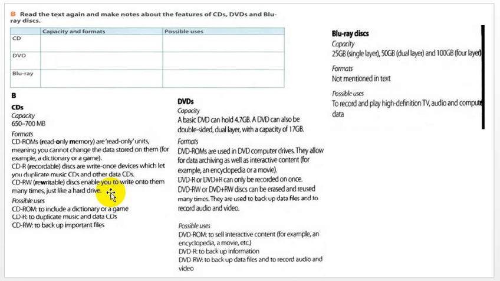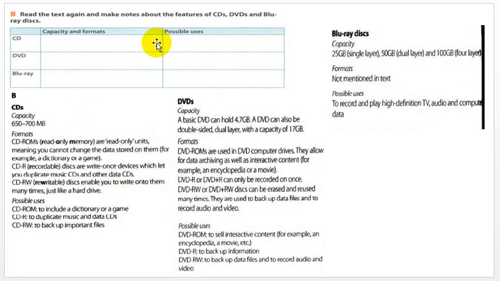Possible uses: CD-ROM to include a dictionary or a game. CD-R to duplicate music and data. CD-RW to back up important files.